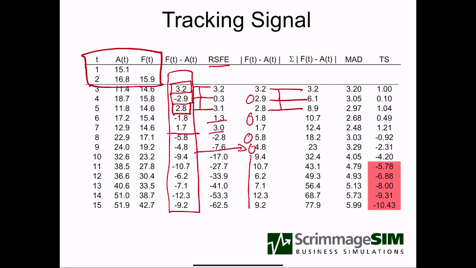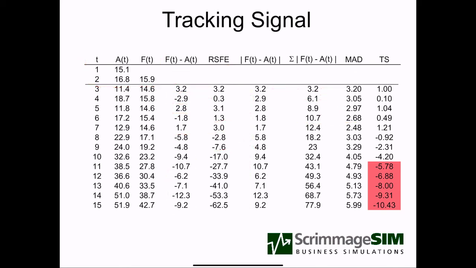Next, we calculate the MAD from this previous column. All we do is take this column and we'll divide by 1 to get 3.2. We'll divide by 2 to get 3.05. We'll divide by 3 to get 2.97, and so on. So we're calculating the MAD for however many comparisons we have.